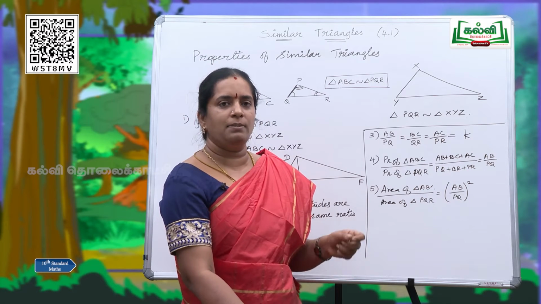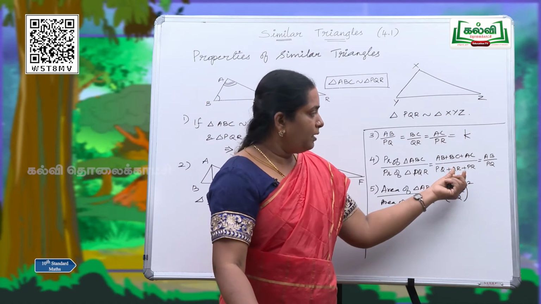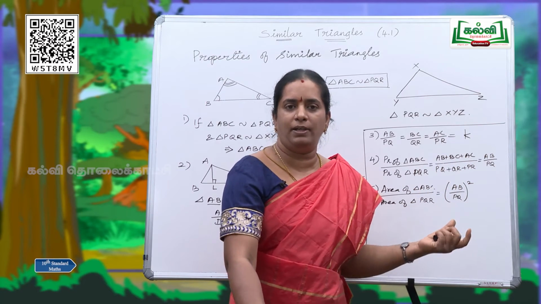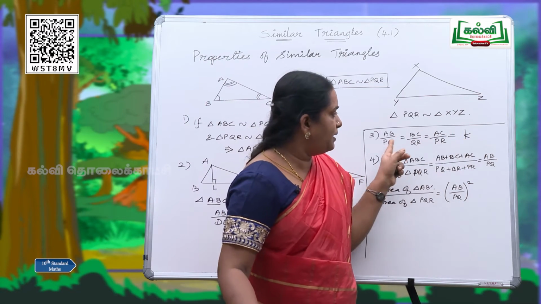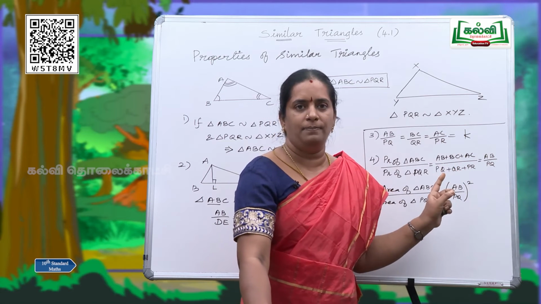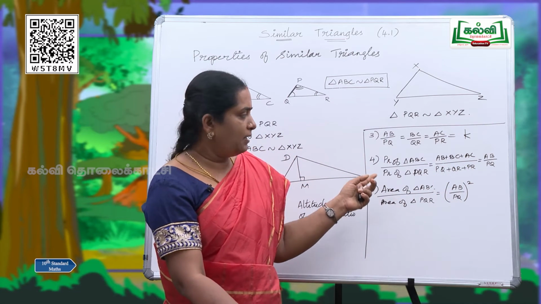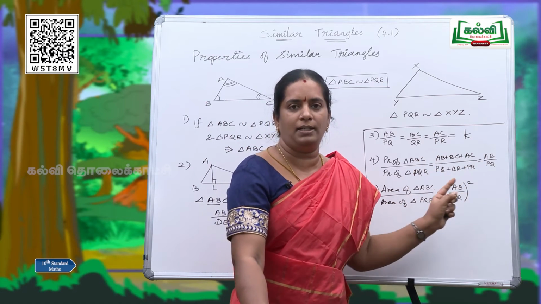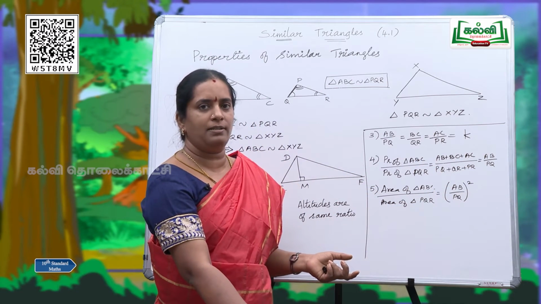The denominator has PQ, QR and PR as a sum. So they will get cancelled and the K will remain. So K is nothing but the ratio of the corresponding sides. Can you understand now? So the ratio of the perimeters is equal to the ratio of the corresponding sides of any two similar triangles.